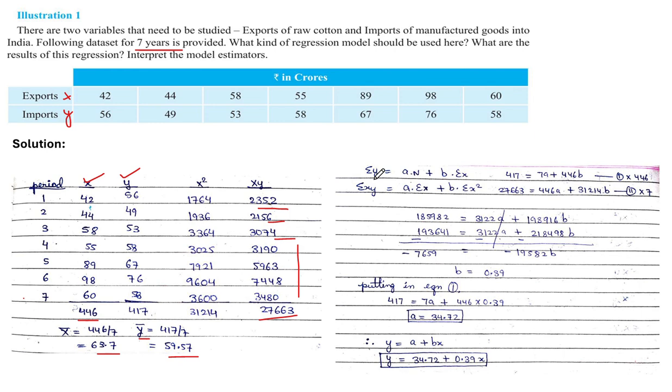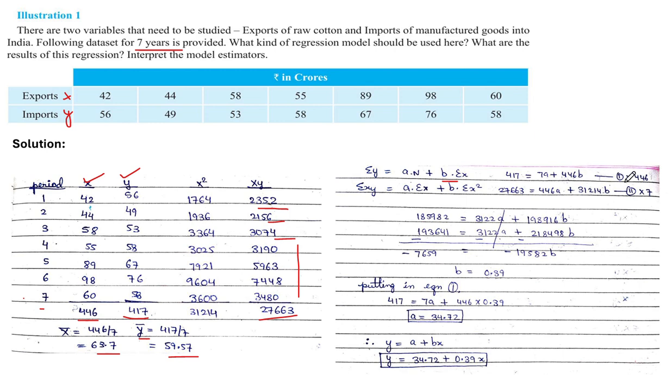Now we will put all the numbers into the equations. Sigma y is equal to an plus b into sigma x. Here we already found sigma y, which is 417. 417 is equal to, we don't know the value of a, and total n is 7, so 7a plus b into sigma x, the value 446, so 446 into b.